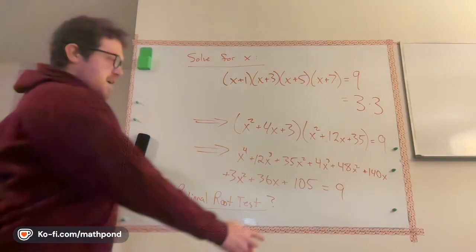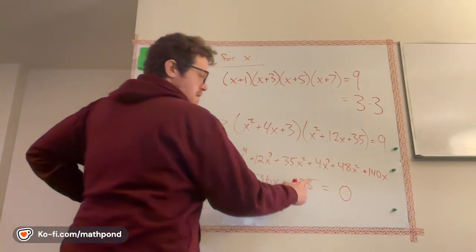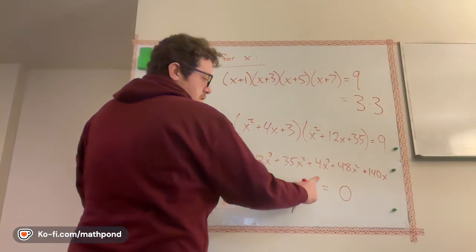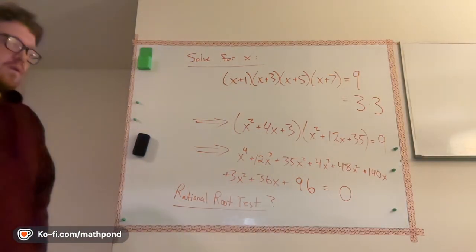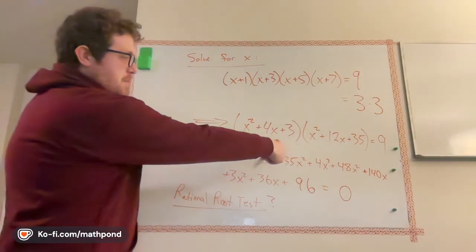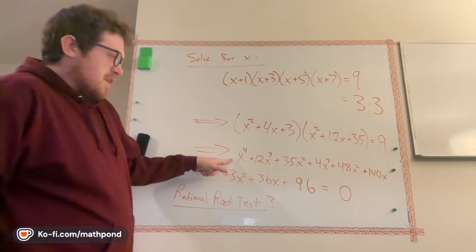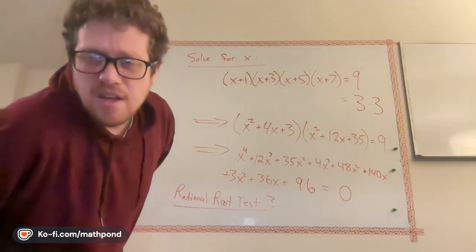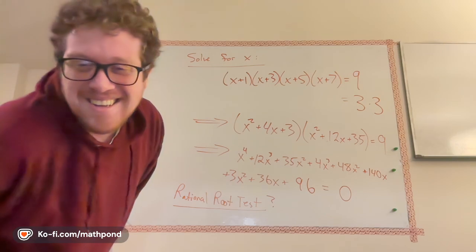Okay, so we subtract 9 from both sides to get a 0 here. This will be 96, right? Do we care about combining all the other stuff, or what do we need? Can someone remind me, it's about the first coefficient and the last coefficient?